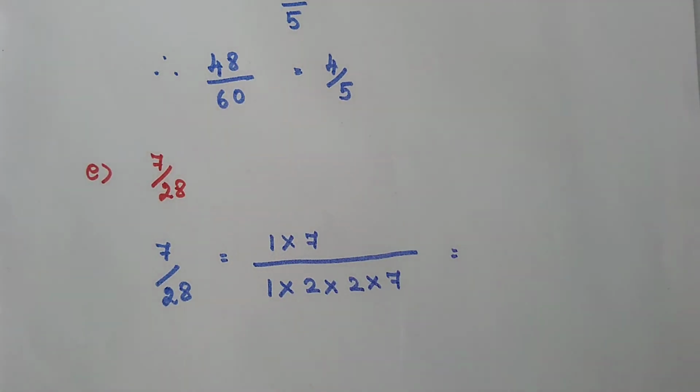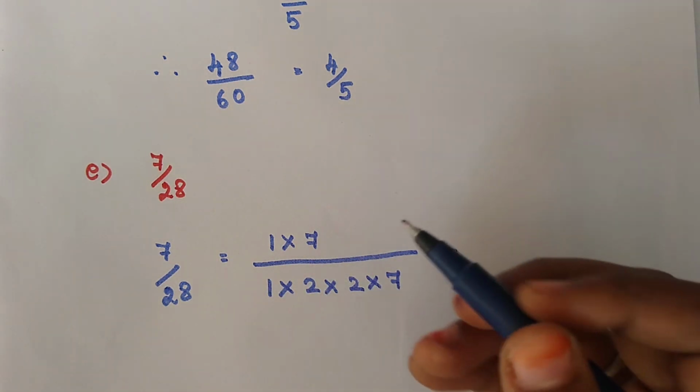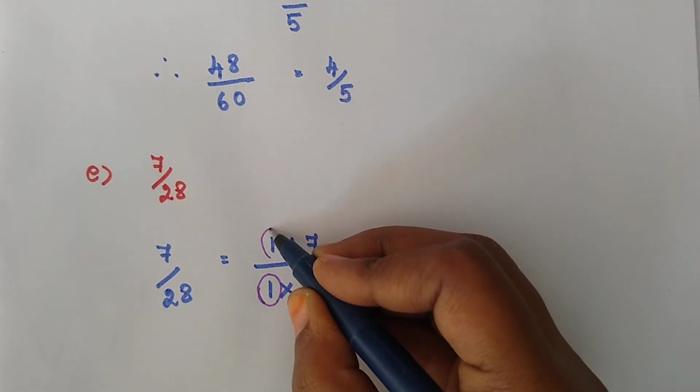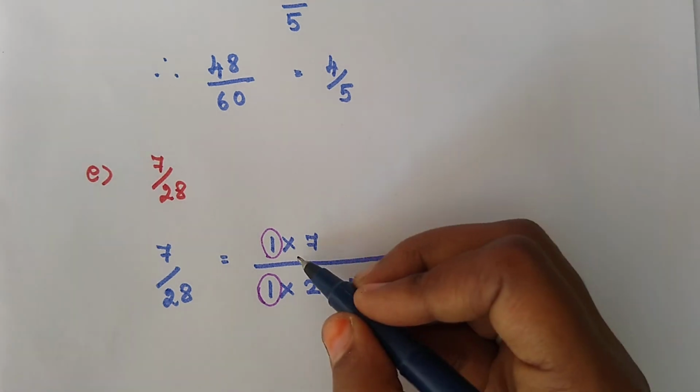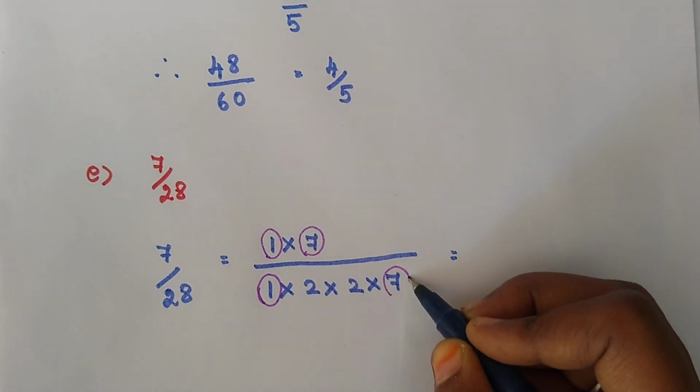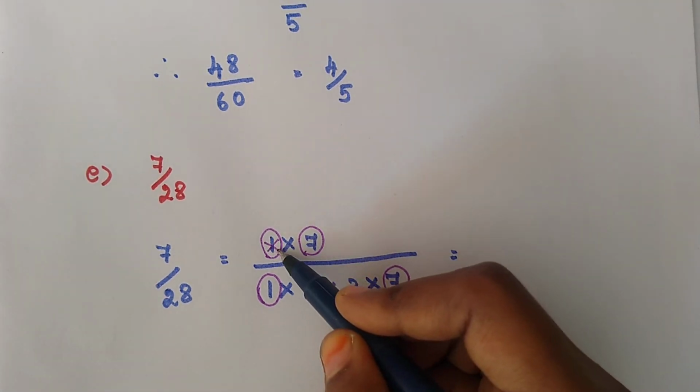Then the third step is we have to circle the common factors of 7 and 28. Here the common factors are 1 and 7. We have to cancel these two terms.